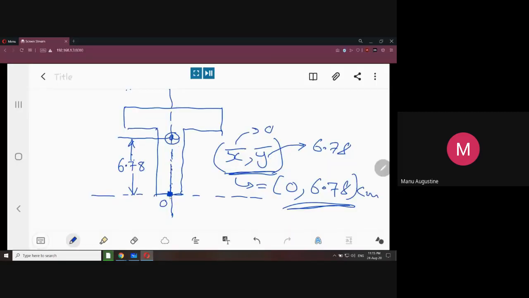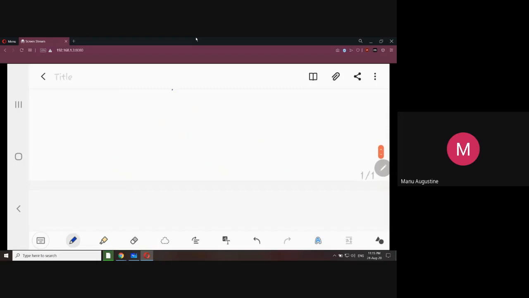It is at a height of 6.78 centimeters above the origin. So this is the location of the centroid. Now let us proceed further. Now we have in our hands this T section with the centroid known to us.